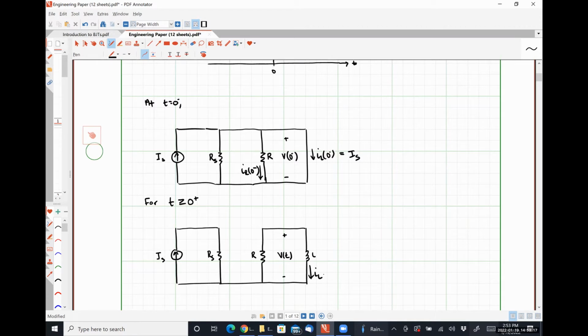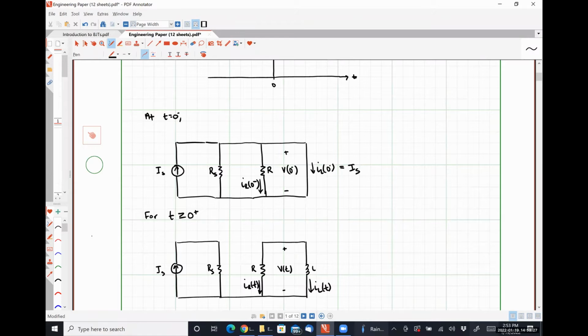This is our current IL of t. This is our current IR of t, okay? So since the circuit has changed in some way, we should observe a transient condition, okay?